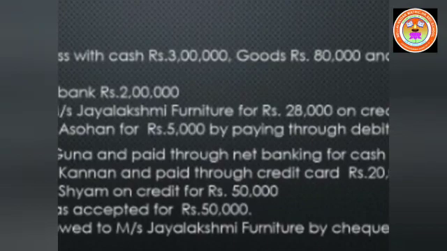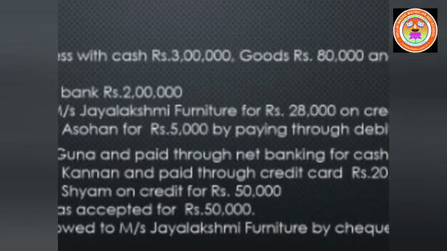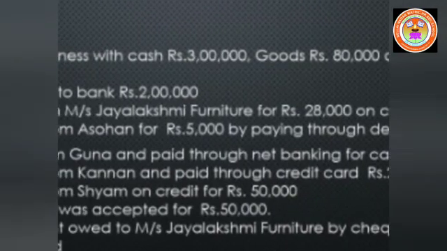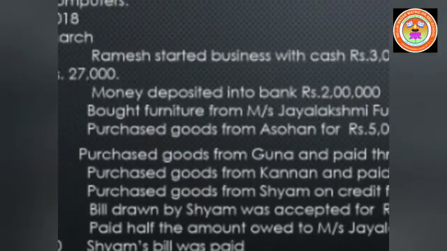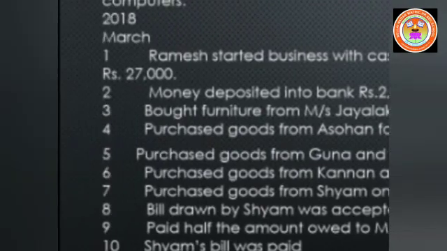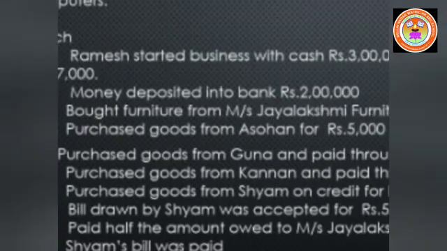He gives a cheque only for 14,000. He writes a cheque only for 14,000. When you give a cheque to your supplier, that time also you need not pay the supplier in cash. Your banker will provide cash for that cheque.